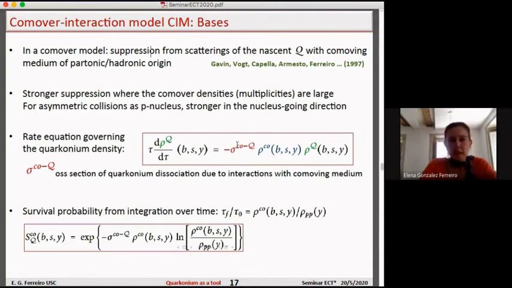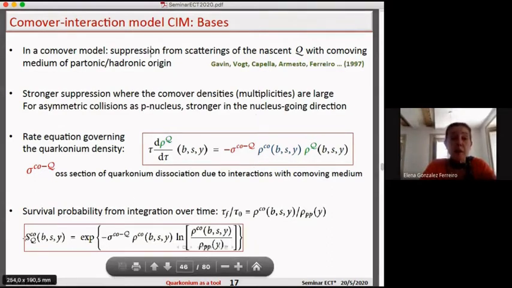This interaction cross-section was originally fitted at SPS energies. This model was used firstly at SPS energies. You can do an easy integration, and you will obtain a survival probability if you integrate from an initial time to a final time that are taken to be proportional to the densities.